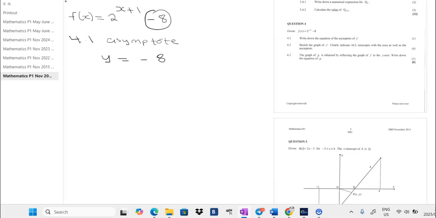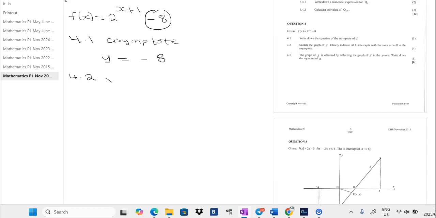This is our asymptote, right? And question 2 says, sketch the graph of f, clearly indicating all the intercepts with the axes as well as the asymptote. We already have the asymptote. What is left for us is to find the intercepts.